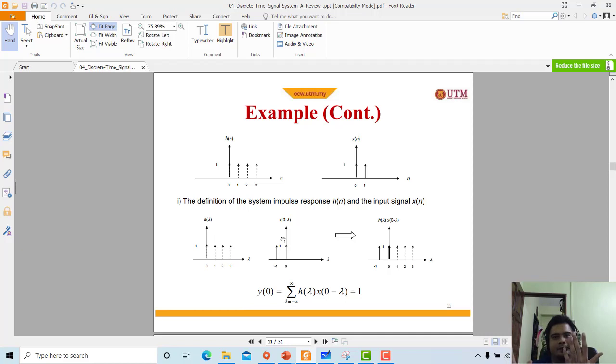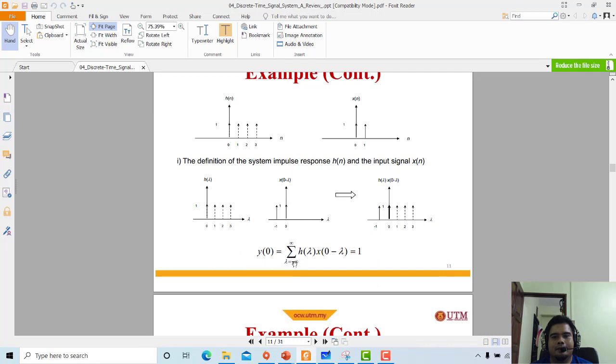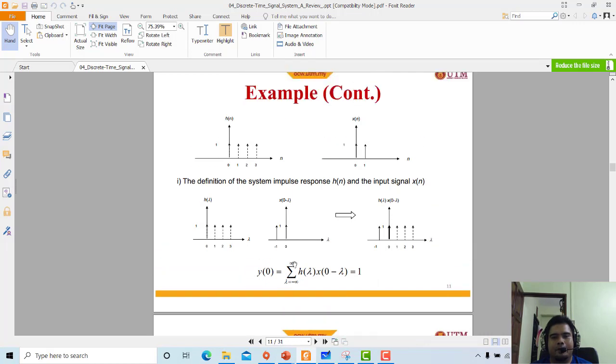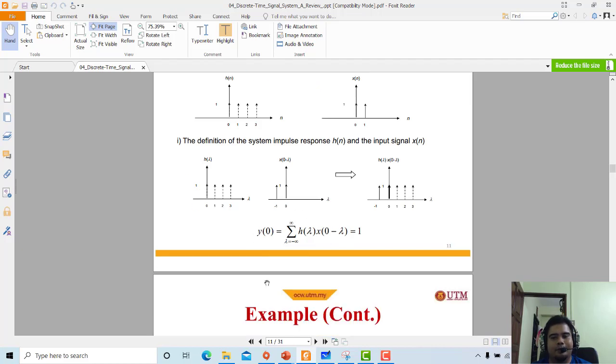Once you are sliding, you overlap h[n] and x[n], and once you do the overlapping, you get y[0], y[1], y[2], and so on.